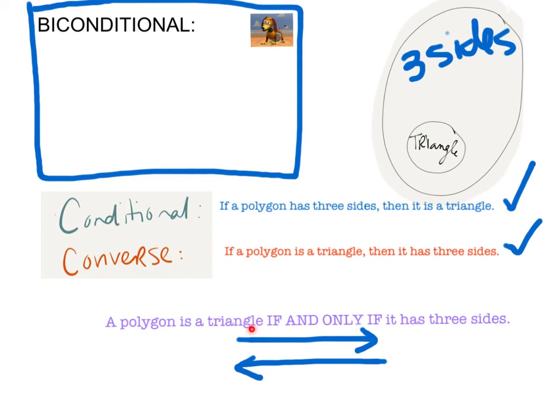So if a polygon's a triangle, it has 3 sides, and if it has 3 sides, then it's a triangle. And you can only write a biconditional like this if you've tested to see if the conditional and the converse are both true. And that's what a biconditional is. Go ahead and take a moment and write in your biconditional definition.